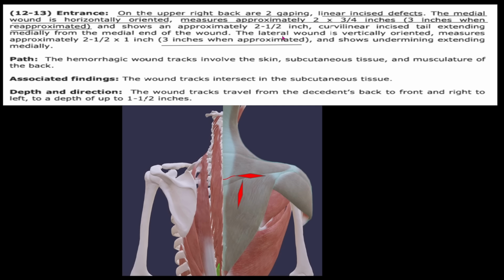And it doesn't say anything indicating a serrated blade. The lateral wound is vertical, and it measures 2.5 by 1 inch, 3 inches when reapproximated. So it's just 2 3-inch cuts on the back that go to a depth of 1.5 inches.